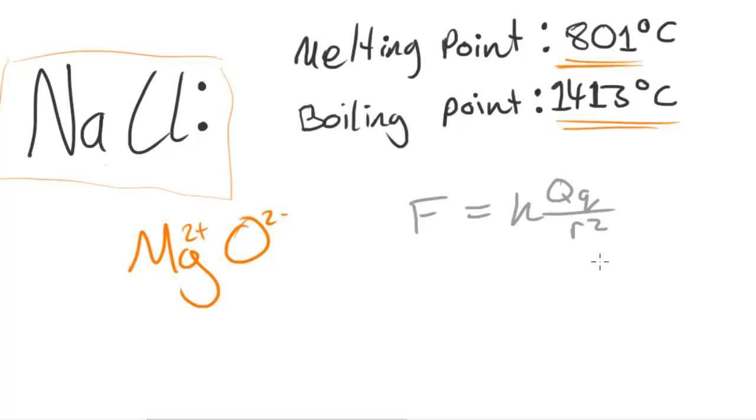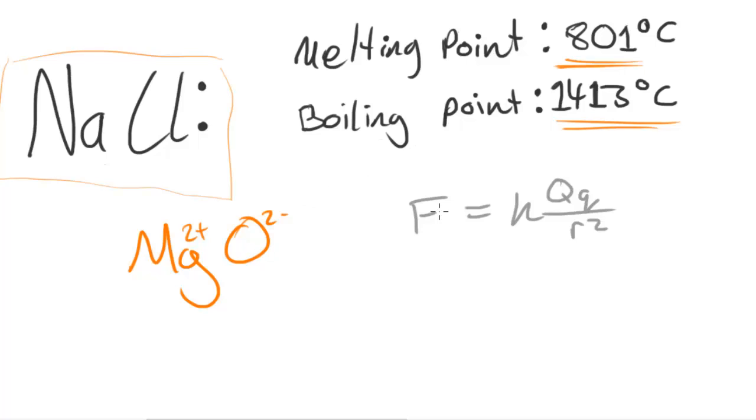This is the Coulomb force equation, by the way. r squared is very relevant. One Q represents the charge on one of the charged particles, and the other Q represents the charge on the other charged particle. And this r squared here is the distance between the two charged particles.